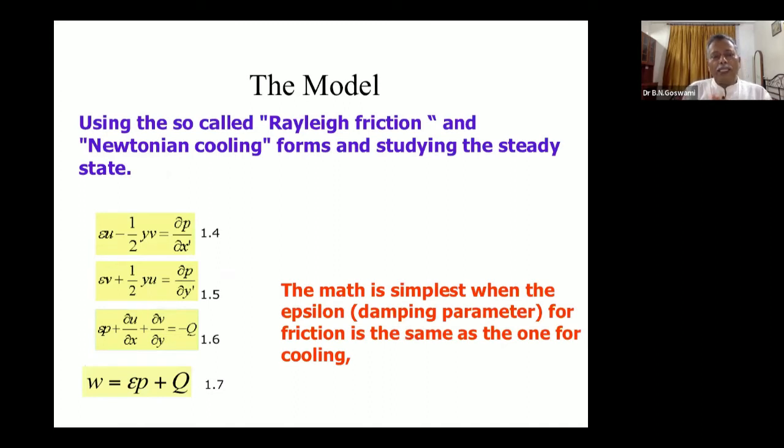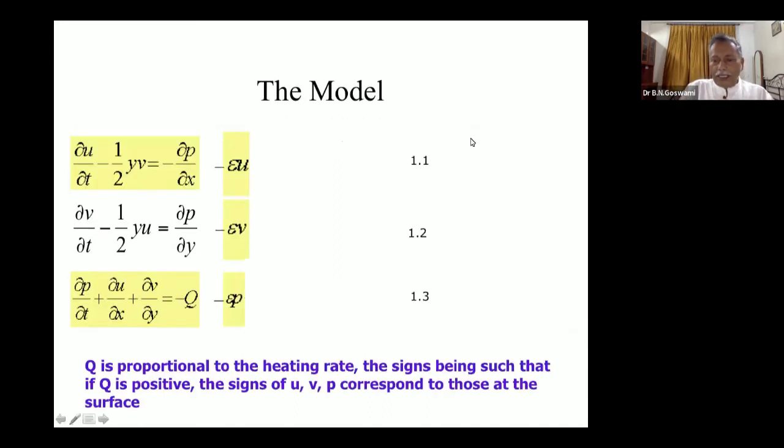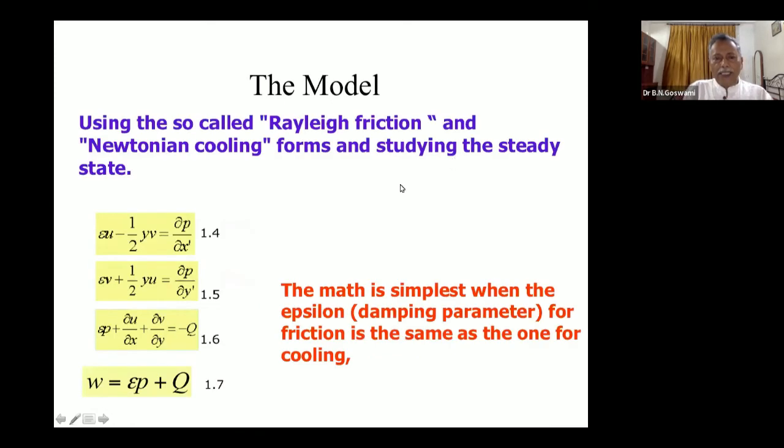Now let us go to steady state. If we say steady state, we drop the time dependent terms, so the equations become again very similar to those I used earlier for the periodic case.